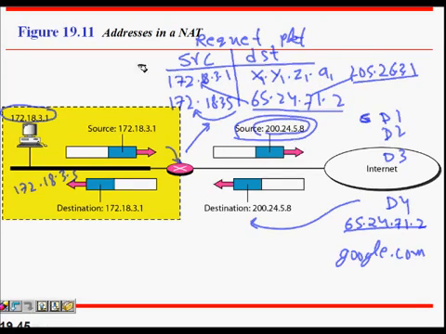This table will fail, because for both 3.1 and 3.5 the destination will be Google's IP address. So I cannot know whether I should send it to 172.18.3.1 or 3.5.